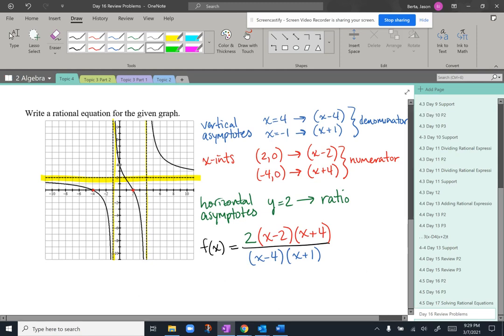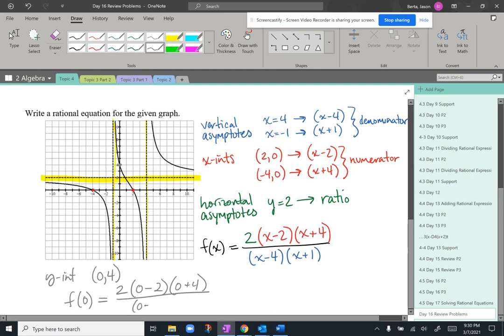Here, the y-intercept is at the point 0, 4. So if I plug in a 0 for x in my formula, I should get 4 if that equation is correct. So here, if I plug in 0 for x, I'm going to get in the numerator 2 times 0 minus 2 times 0 plus 4.